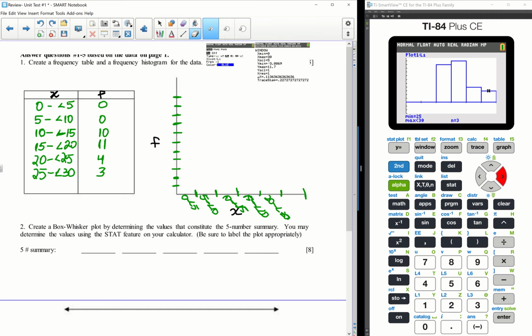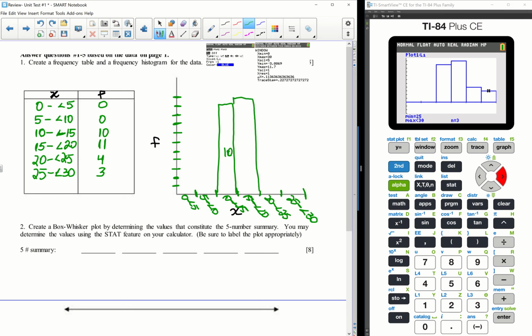25. That's what I wanted to write. Well, that sucked. Alright, so height of 10, 11, 4, 3.